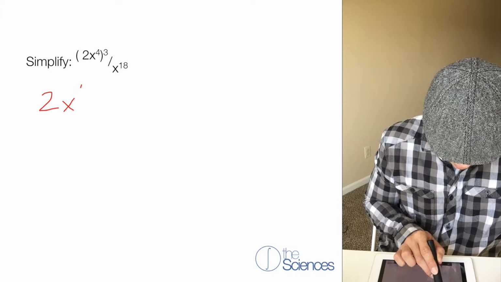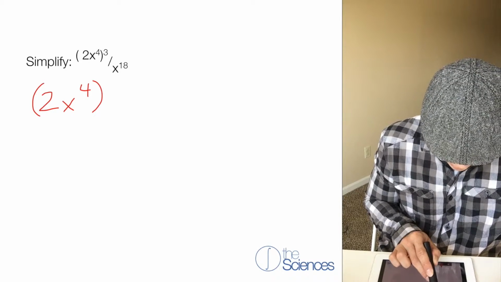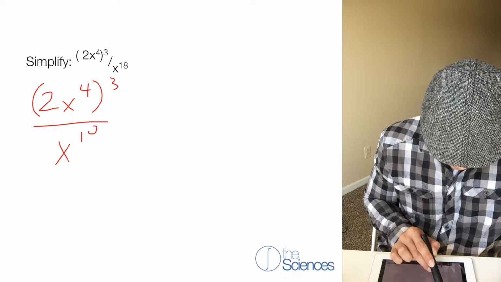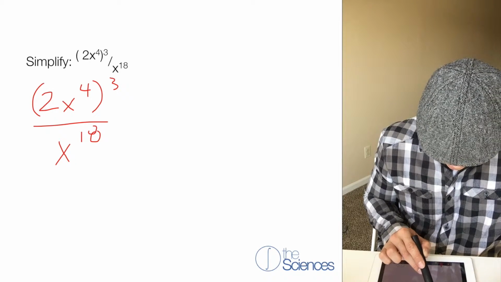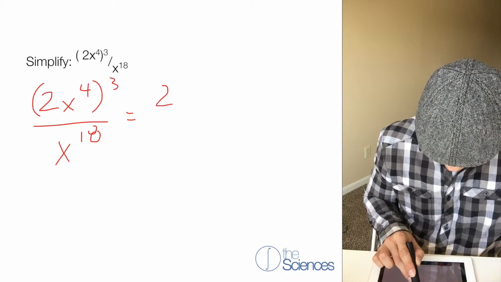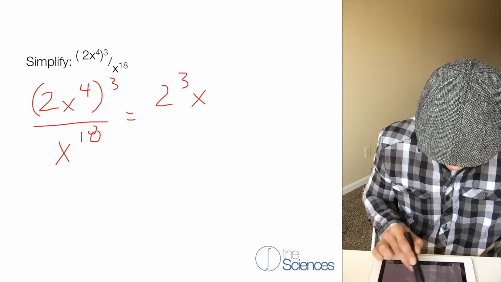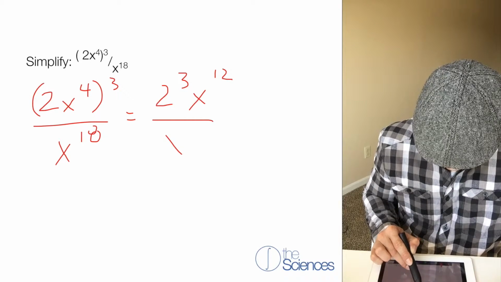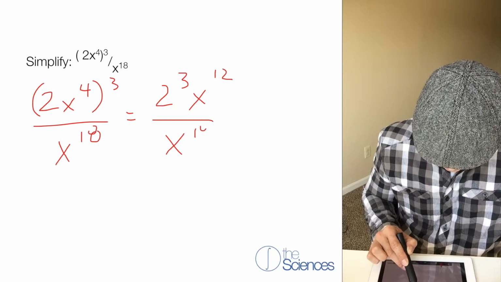So here, we're going to distribute the cube so that we get 2 cubed times x to the 12th power over x to the 18th.